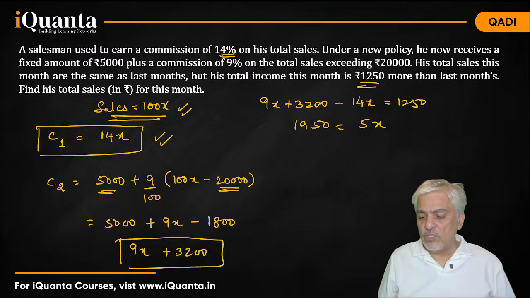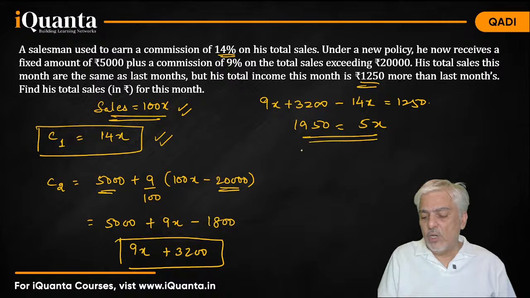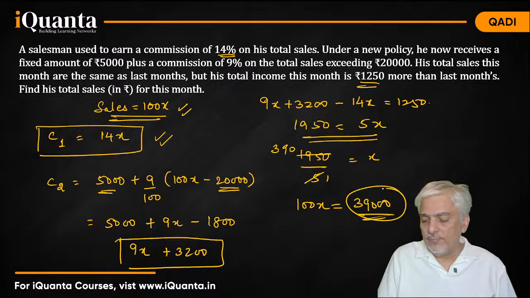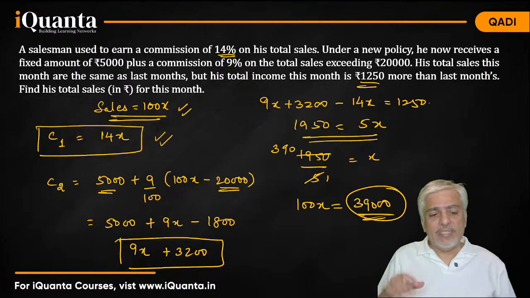So 75,000 is not the right answer. This is 5x, leave it as it is, or 1950 divided by 5. 5 3s are 15, 390 is x. We want to find 100x, so 39,000. I don't know where did people get 75,000 from.